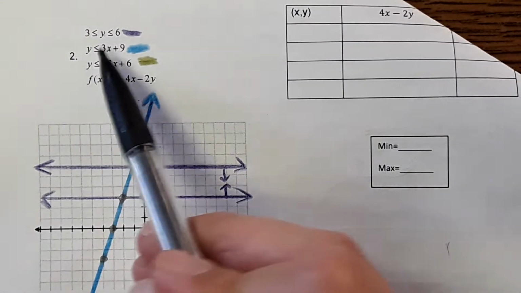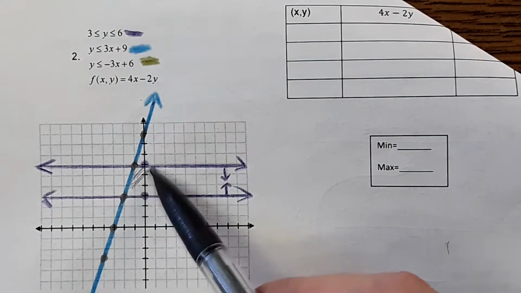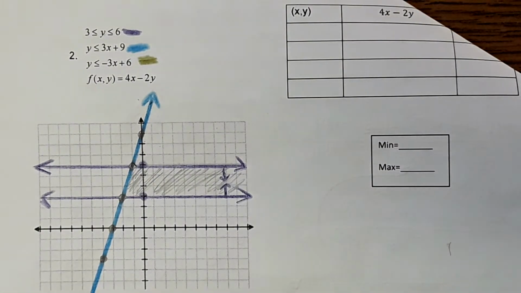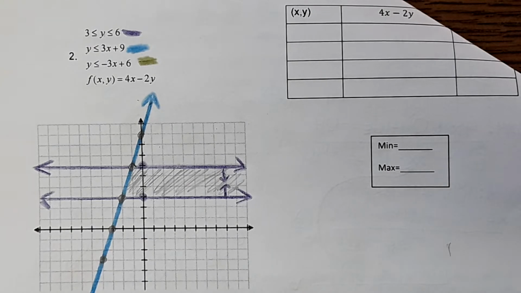Then y is less than that line, so it would be over here.